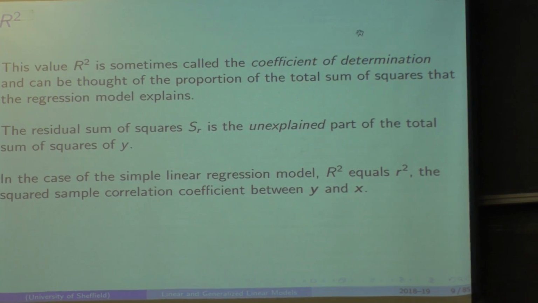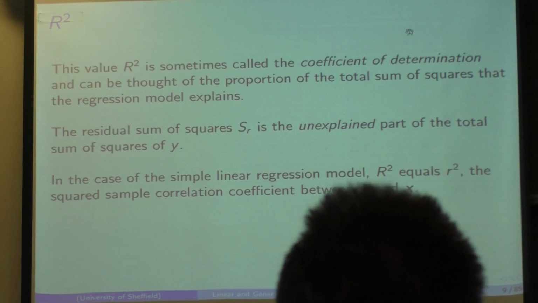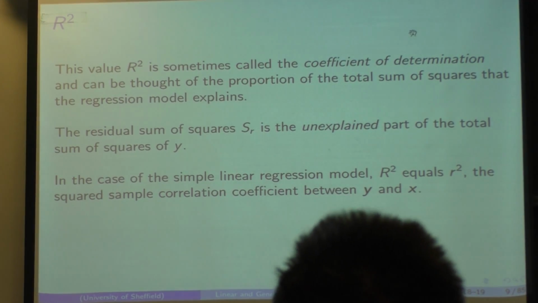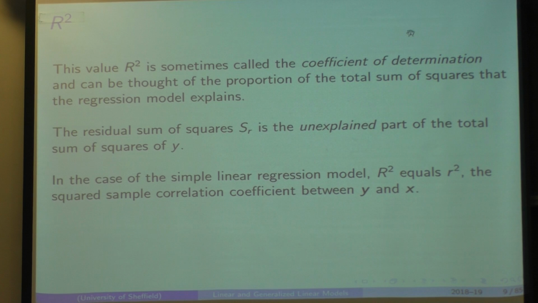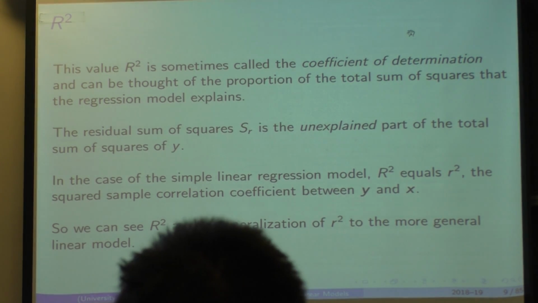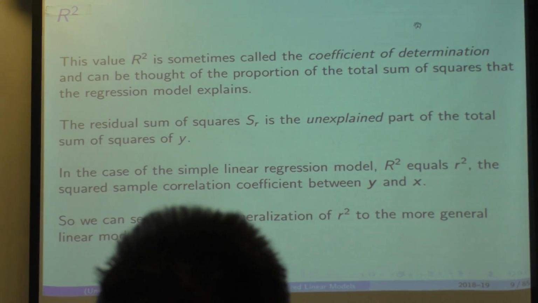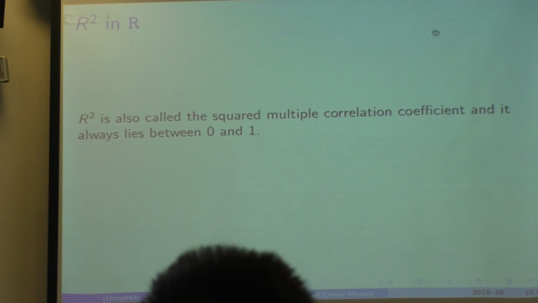In the case of simple linear regression, the definition of capital R squared turns out to be the same thing as the square of the correlation coefficient. Okay? So that suggests that we can think of big R squared as a generalisation of the square of the correlation coefficient to a more general sort of model.